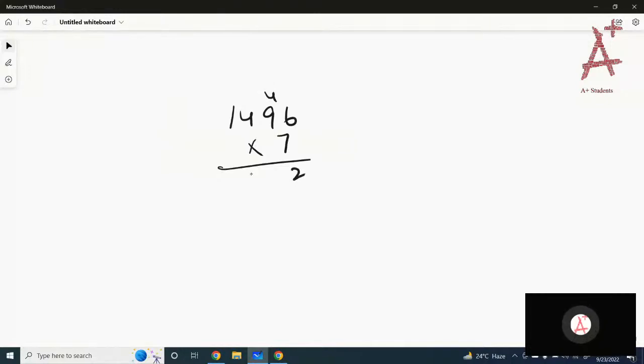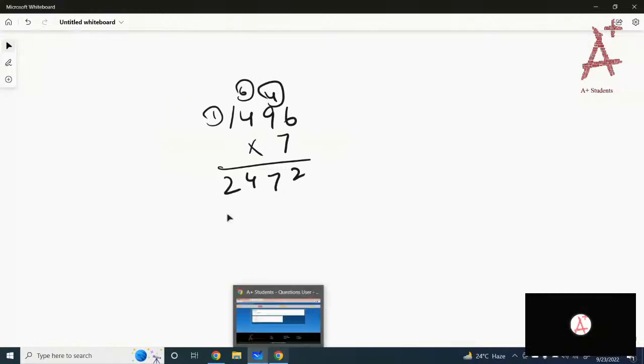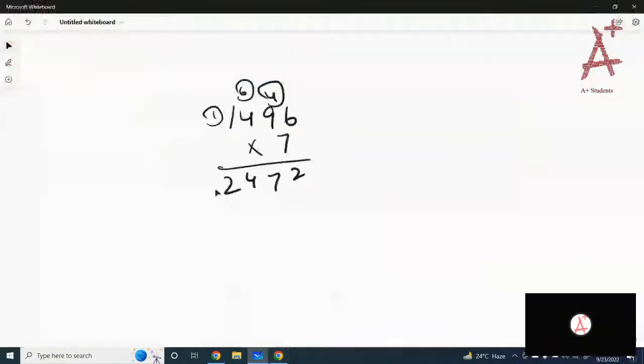Write a 2 over here and carry 4. 7 times 9 is 63, and the carry makes 67. Write a 7 over here and carry 6. 7 times 4 is 28, and 28 plus carry is 34. Write a 4 over here, carry 3.